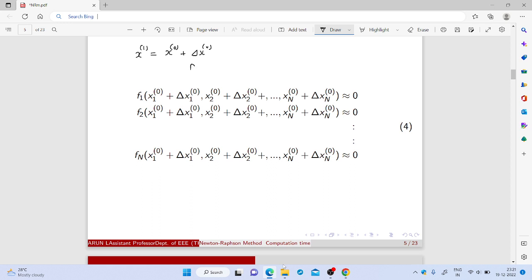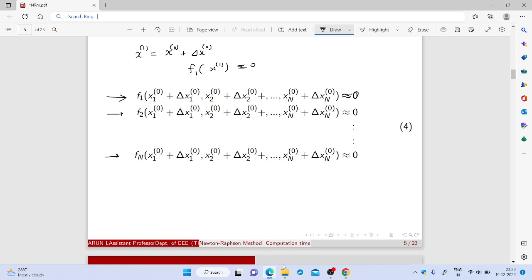Then f1 of x of 1 will be close to 0. So that is written here. x of 1 is, there are n values, x1 of 0 plus delta x1 of 0, comma x2 of 0 plus delta x2 of 0, like that xn of 0 plus delta xn of 0. This is acceptably close to 0. Like that there are n equations.